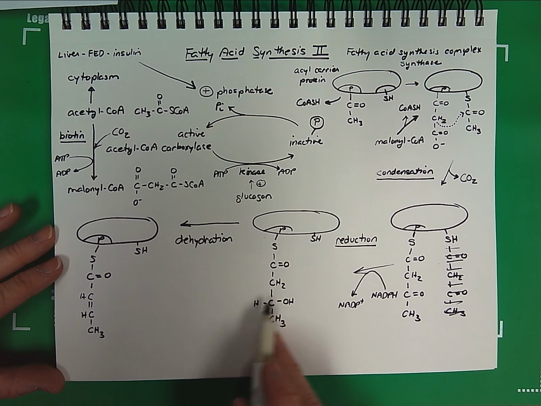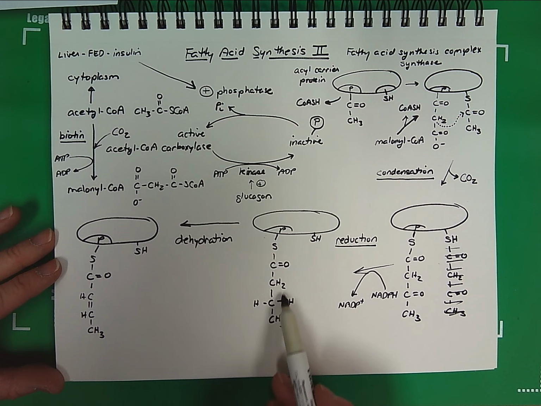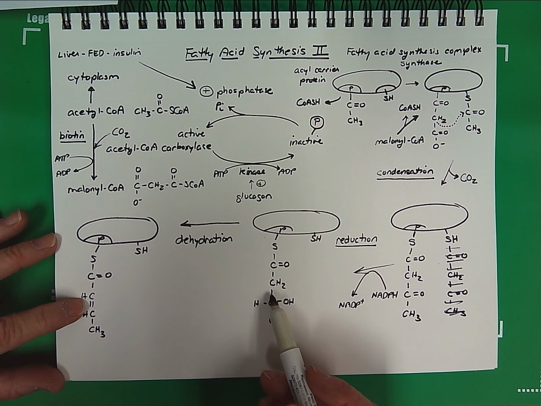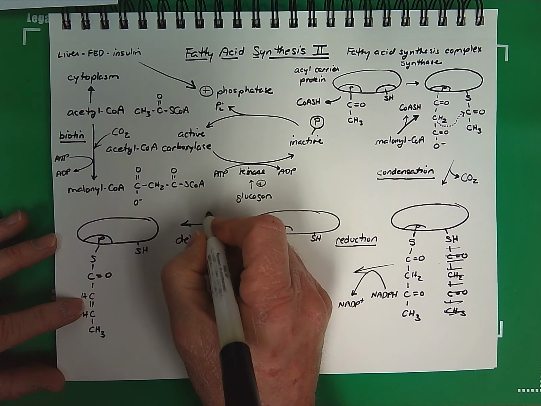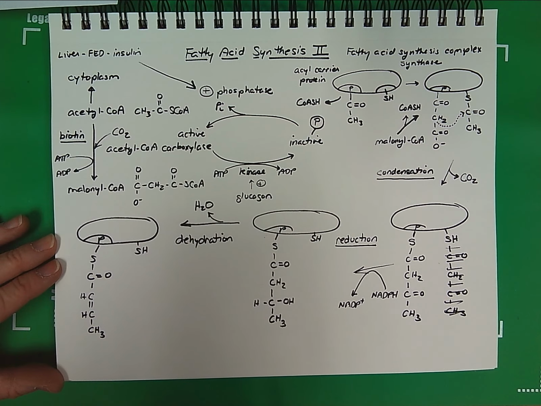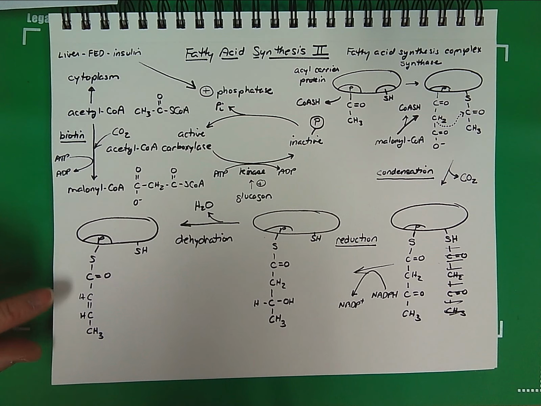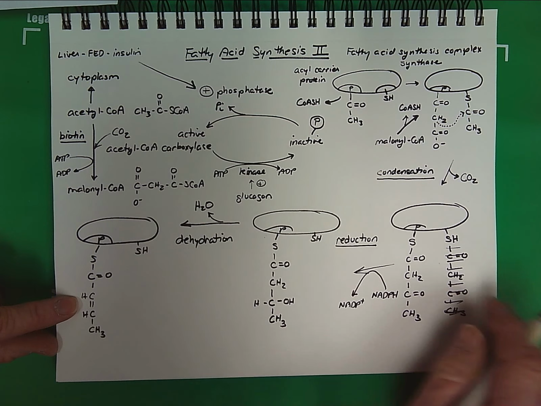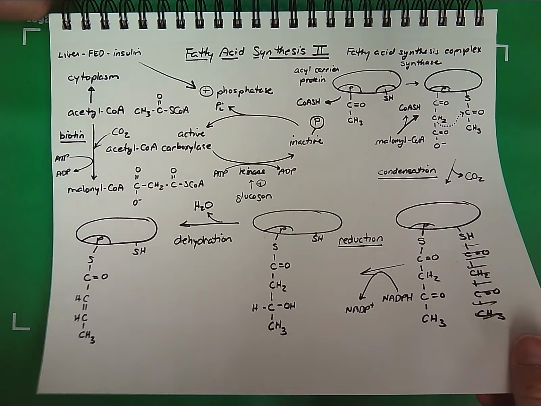In performing this dehydration reaction, we are removing water from the two center carbons to generate a double bond. Now that we have a double bond, all we have to simply do is perform one more redox reaction. Let's draw this on the next page. And we will have our hydrocarbon chain.